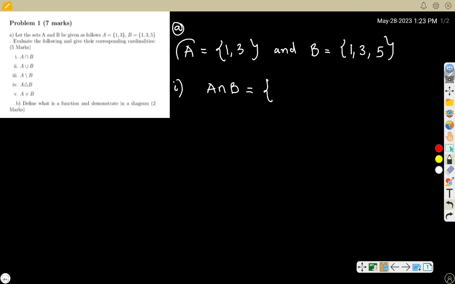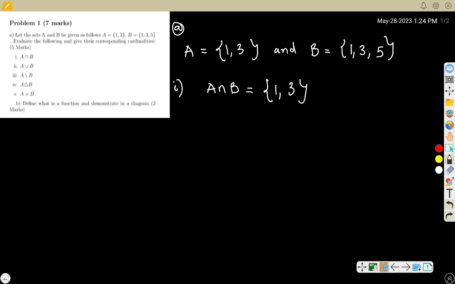So look at set A and set B. The elements you can see in both sets are 1 and 3, meaning the elements that are common to both sets, A and B. So 1 is in A, 1 is in B, so 1 is common. 3 is in A, 3 is in B, that means 3 is common. So A intersection B is now 1, 3.